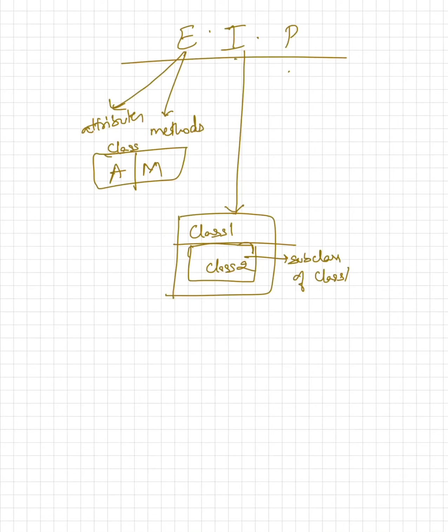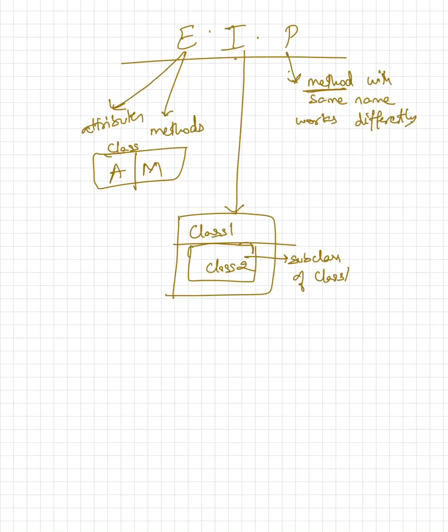And then polymorphism is methods with the same name. In the class they are defined differently, but they have the same name and work differently.